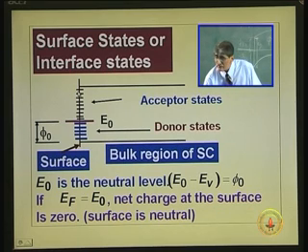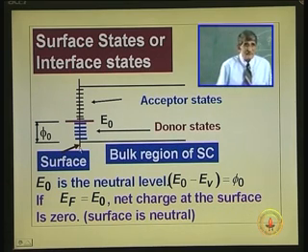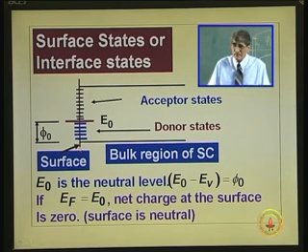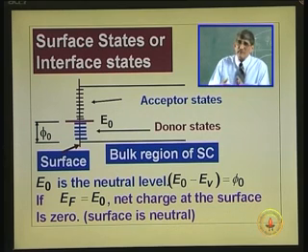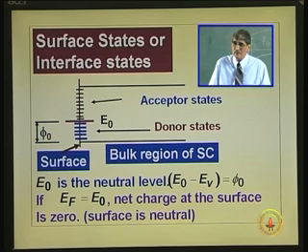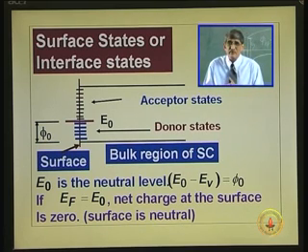Each one of these represents a distribution. The surface states are represented by a continuous distribution of energy levels. It is not separate, it is virtually like the energy levels in a conduction band, one after another. What is the reason? We can spend a couple of minutes on that.